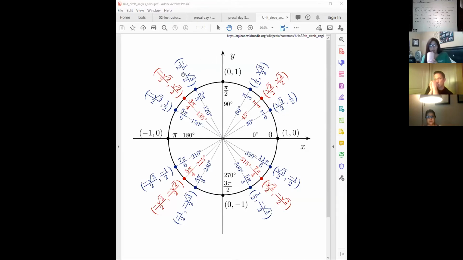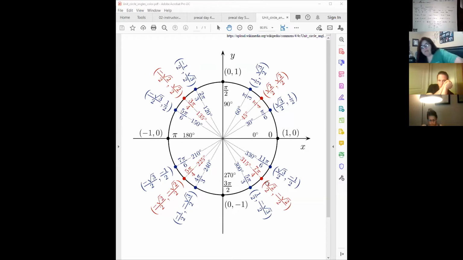Over here, tangent would be negative because one of them is negative, and dividing a positive by a negative is negative. So anything in here for tangent is negative. If you use a reference angle, let's say tangent of 150, the reference is 30, so you can convert it to tangent 30, but you would have to put a minus in front. Okay, I got you.